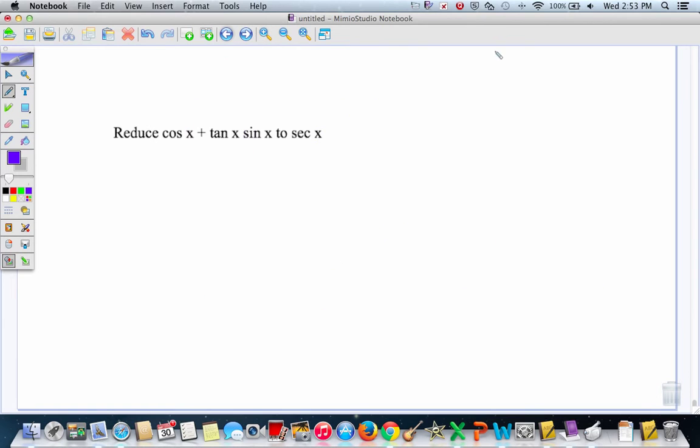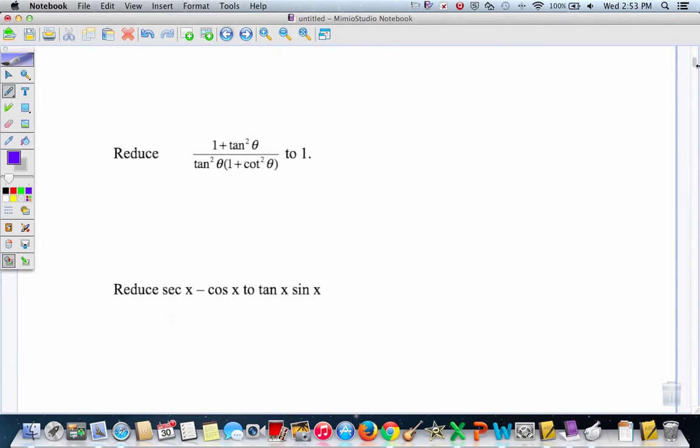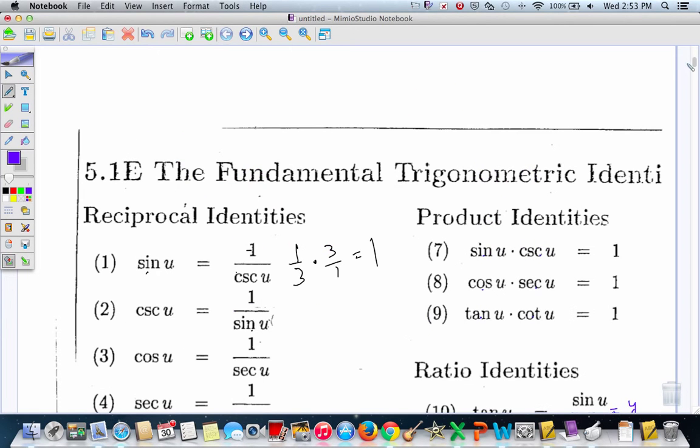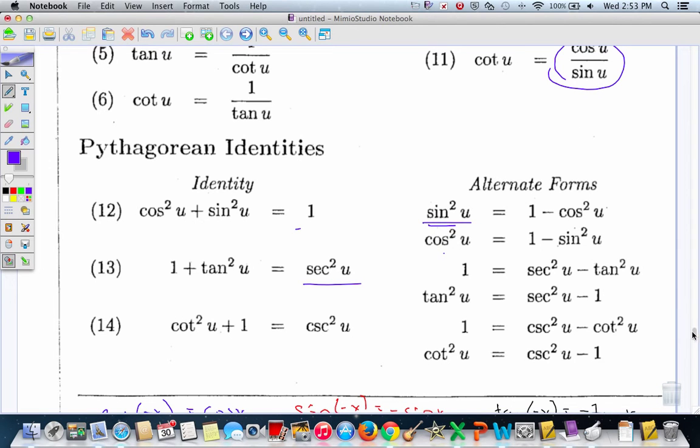Again, that's our process for these identities. Moving right along, our next one at the top of the page says 1 plus tangent squared over tangent squared times 1 plus cotangent squared is going to reduce all the way down to 1. There is more than one way to go through some of these problems. Backtracking to our identities, 1 plus tangent squared is secant squared.